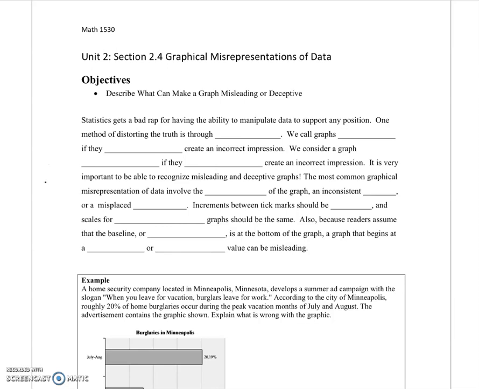And one of the methods that we can use to distort truth in statistics is through graphs and graphics.